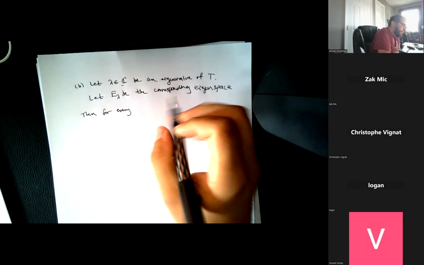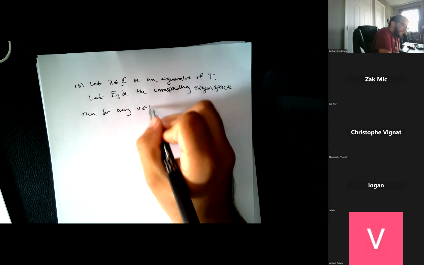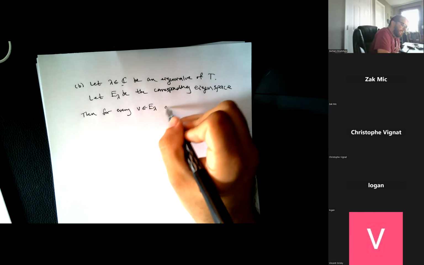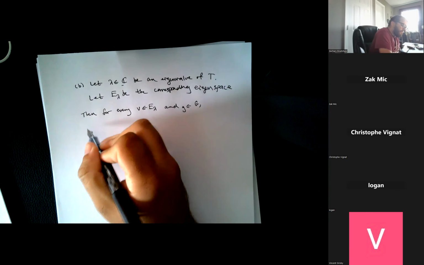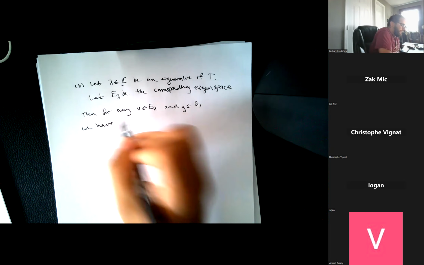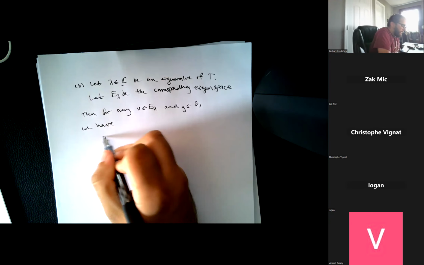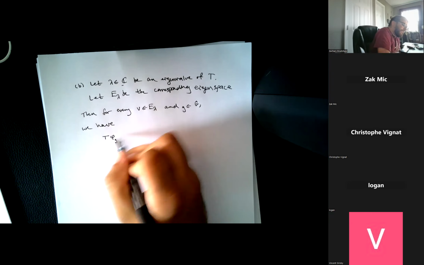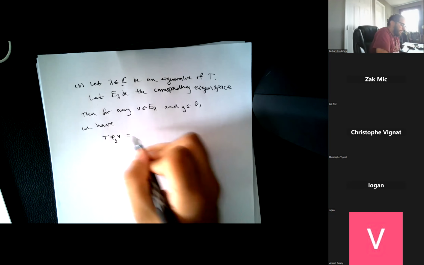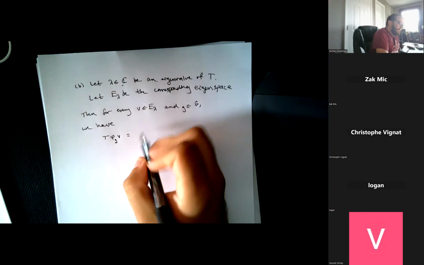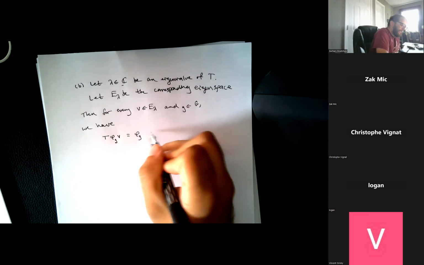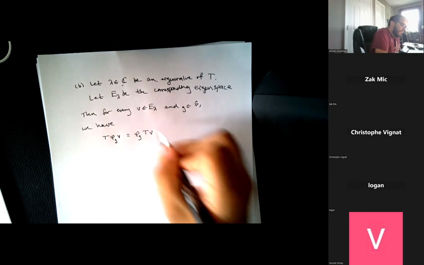So for every V in E lambda and g in G, we have the following. We have that T phi g V. Well, T is in the Hom set, and so this is phi g T V.